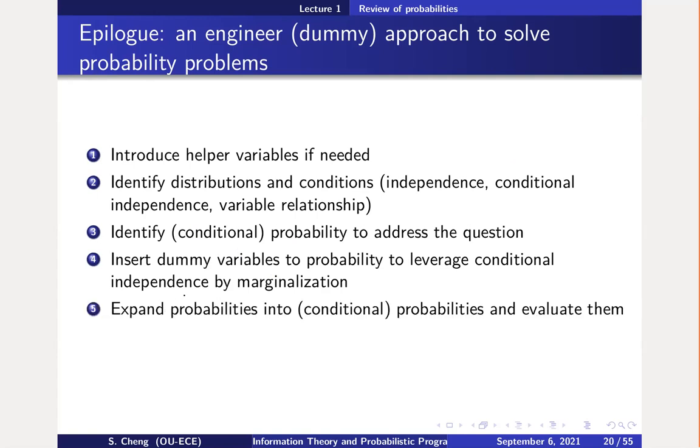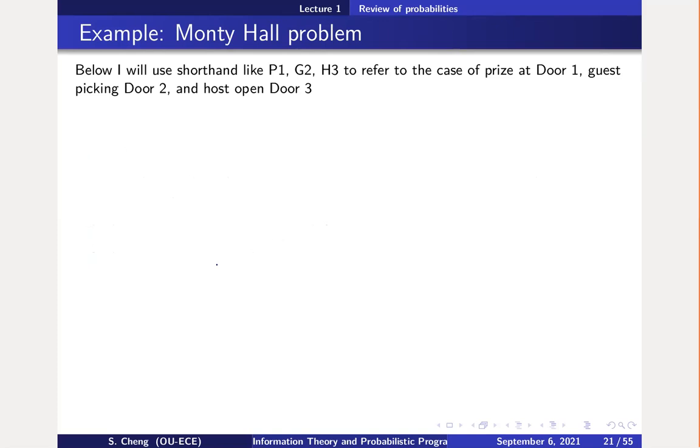Then I will simply expand all the conditional probabilities, evaluate them, and compute the sum or integral. At this moment, you may be a little bit confused, or maybe quite a bit confused. I'm sorry about that, but once I go into the Monty Hall example, it will become much more clear.